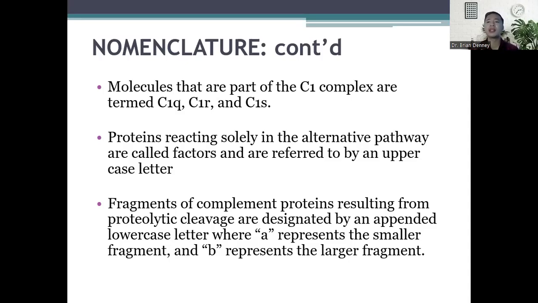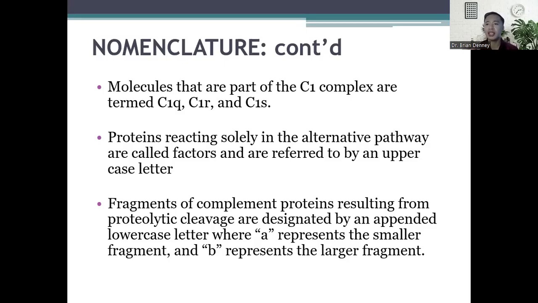When C2 becomes cleaved or undergoes proteolytic cleavage, it produces C2A and C2B. Now, C2A is the larger fragment, whereas C2B is the smaller fragment.